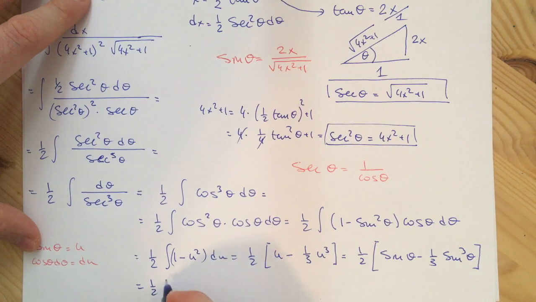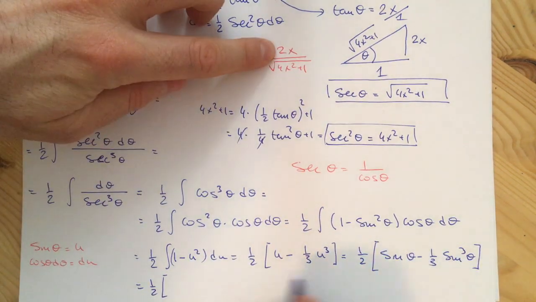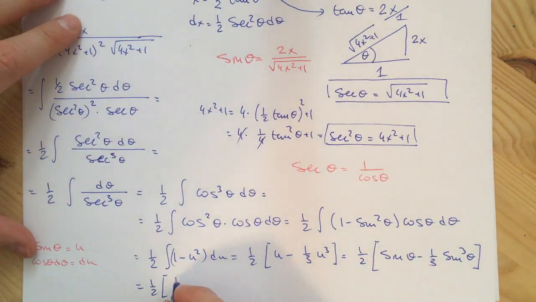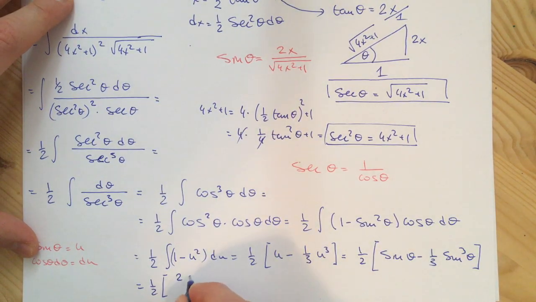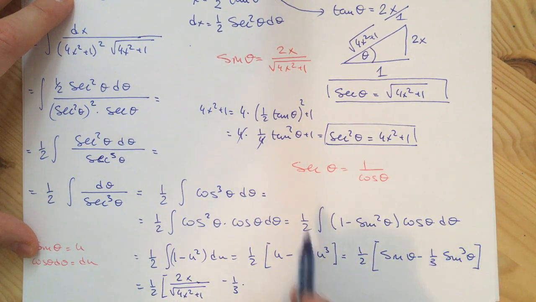So that's 1/2 times sine of theta, which is 2x over square root of 4x squared plus 1, minus 1/3 times this whole thing raised to power 3, that's 8x cubed over 4x squared plus 1 to power 3 over 2.